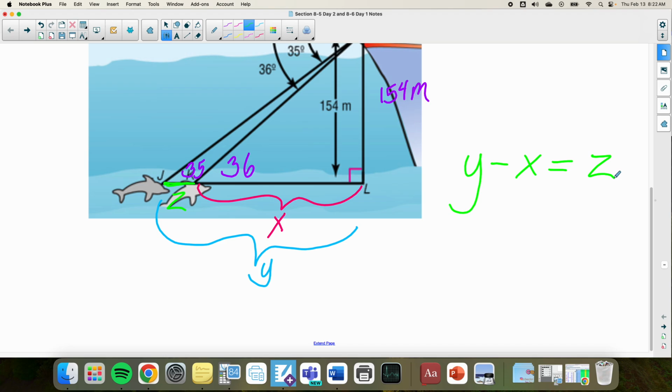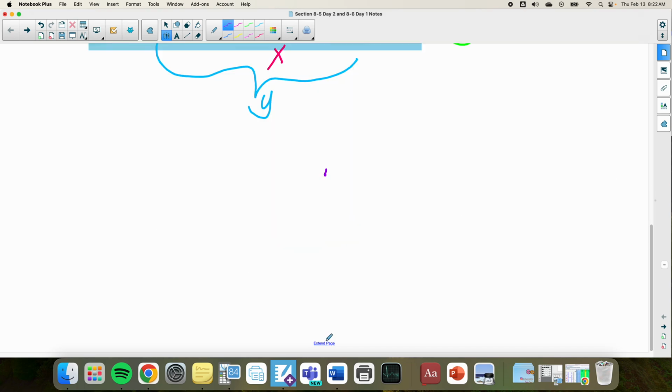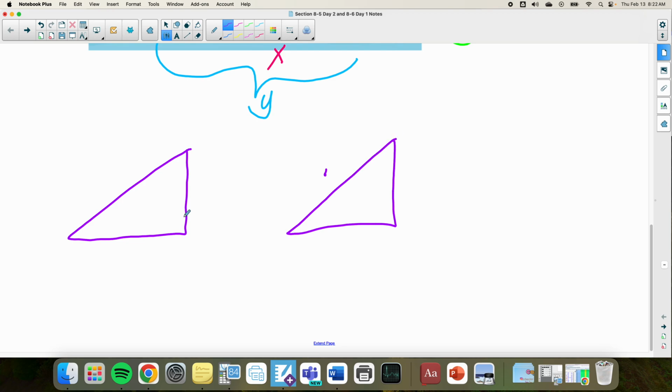So one of those triangles is going to be, let's see here. So you're gonna have 2 different ones, and like I said, it really does not matter which one you call the 35-degree angle and which one you call the 36-degree angle.